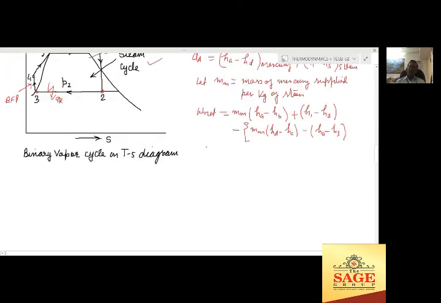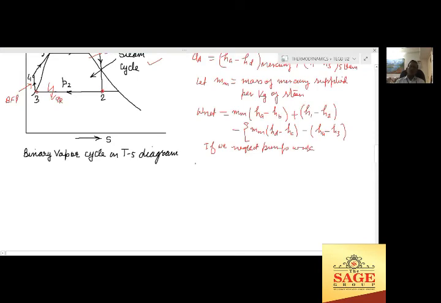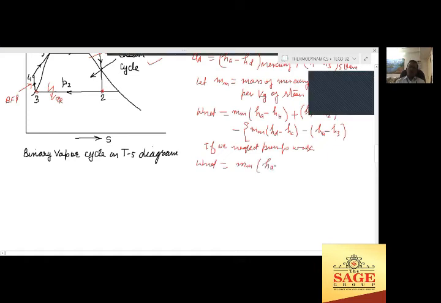Now, if we neglect the pump work, then we can write W net is equal to mm, the mass of mercury, into HA minus HB, plus H1 minus H2. That will be equation number one.